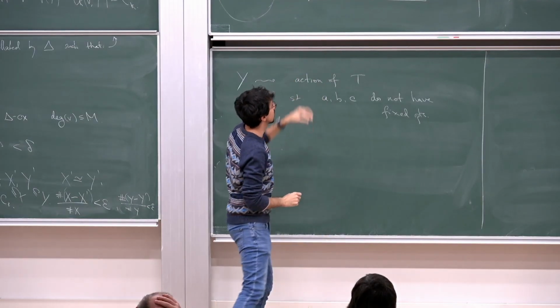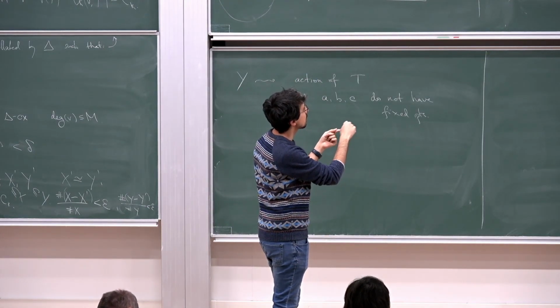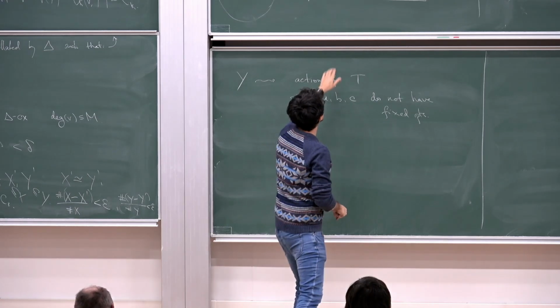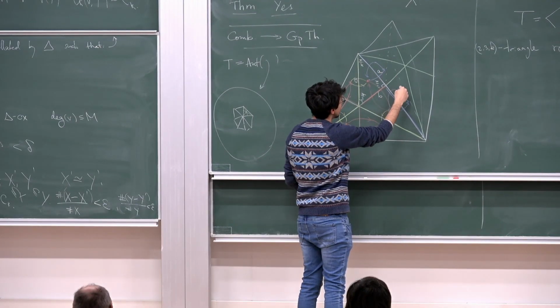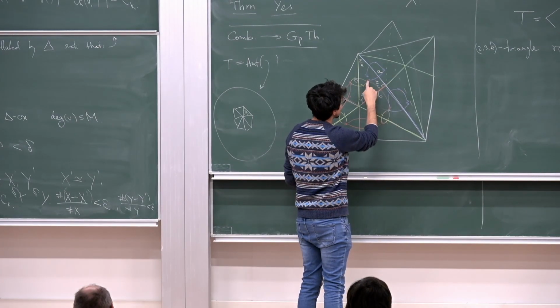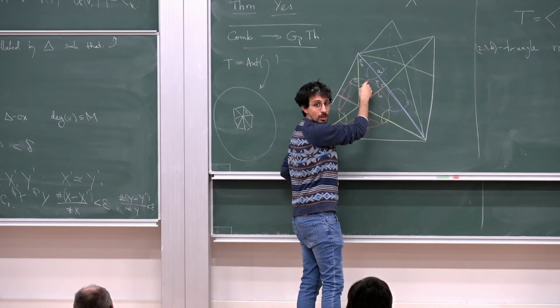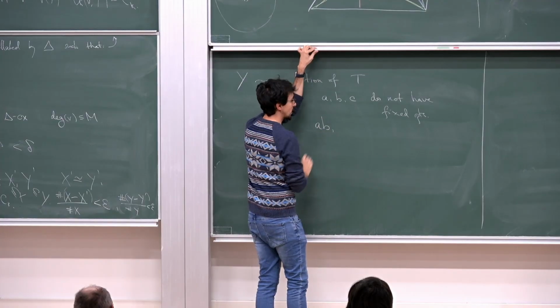But that's not the end of the story, right? You can imagine A, B having a fixed point. So instead of sending this guy to here, it might send it back there. That's bad for us. So we also want it for AB.